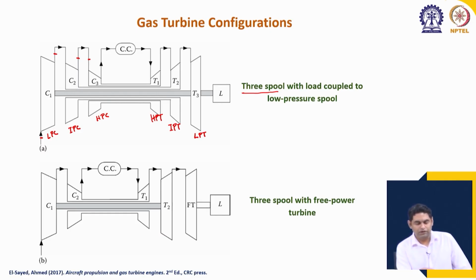We can use the conditions necessary. For example, the HP turbine runs the HP compressor. So, work output from this turbine is equal to the work input to the HP compressor. Similarly, we can use other conditions and we will get the final performance parameters. So, ultimately, based on different design parameters we can generate different performance parameter values.